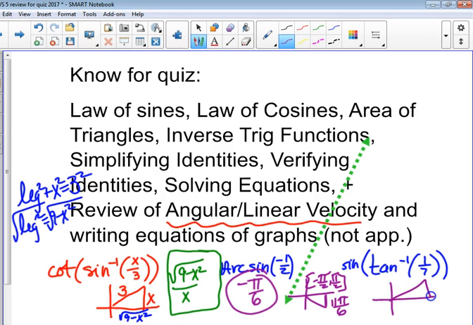This is another draw. If I draw, sorry, that's supposed to be a right angle, an opposite over adjacent of 1/7. If I do Pythagorean theorem, I do 7 squared plus 1 squared, which is 50. The square root of 50, some of you are still struggling with simplifying. What perfect square divides into 50? Okay, 25 and 2, square root of 25 is 5. So this is 5 square roots of 2.